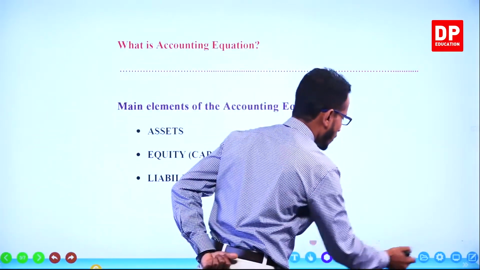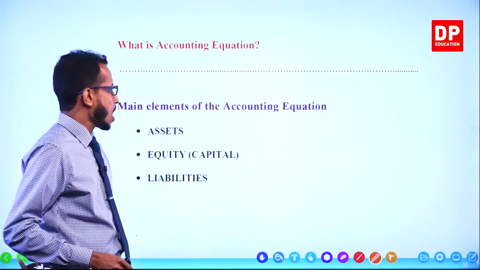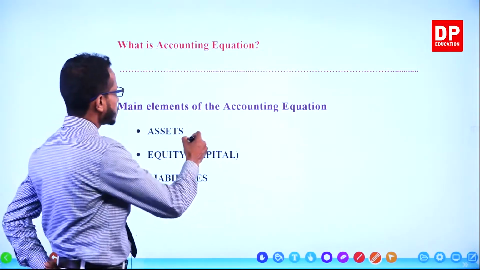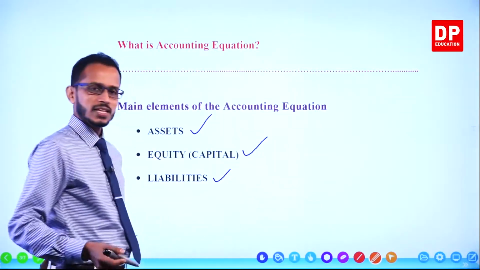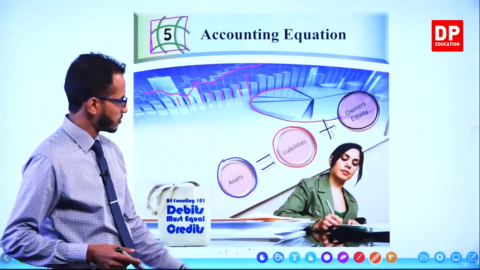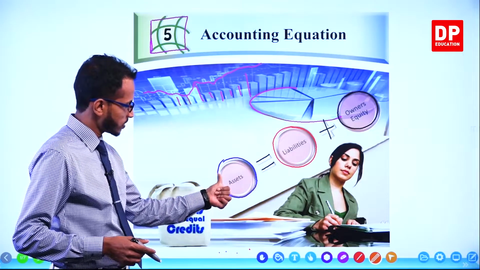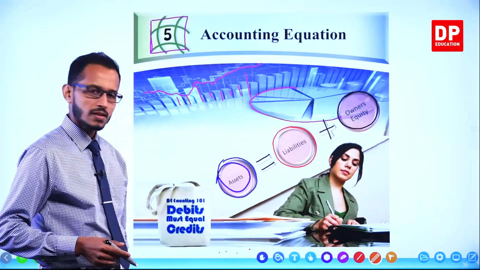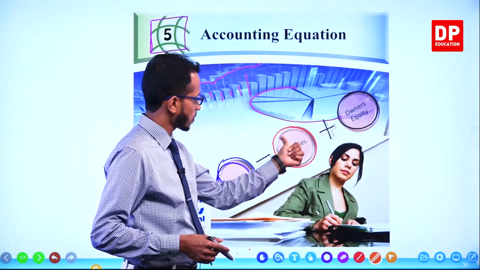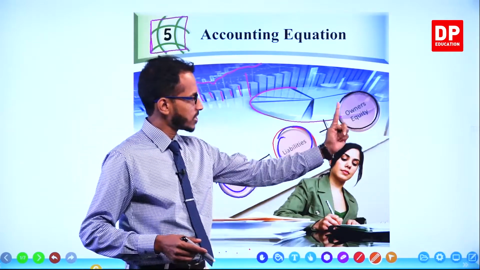First, I'm going to move on to this: the main elements of the accounting equation. As you know, we saw all these three elements on the cover page. I have circled assets. Can you see assets? And I have circled liabilities. Can you see liabilities? And I have circled equity.